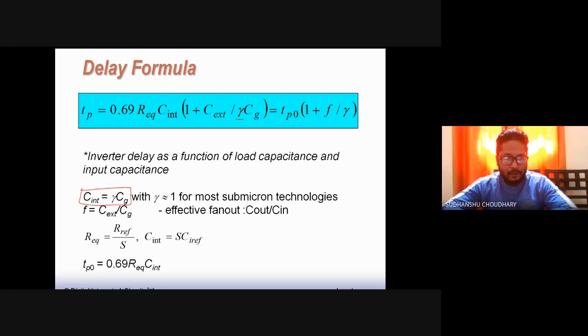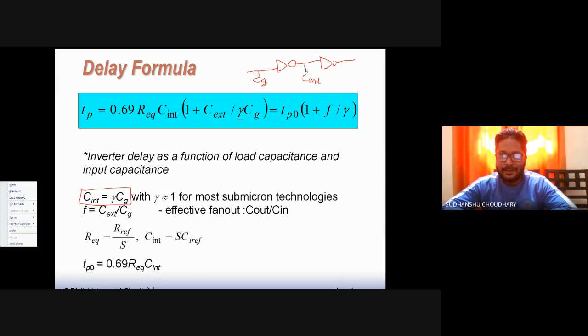Let me draw this CMOS inverter over here. Cg is appearing at this point, and C intrinsic is present over here. So gamma is C intrinsic by Cg, some sort of fan out.